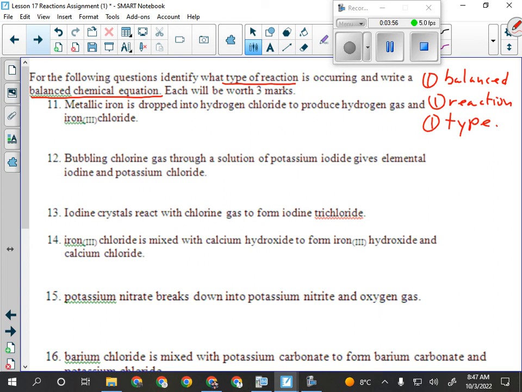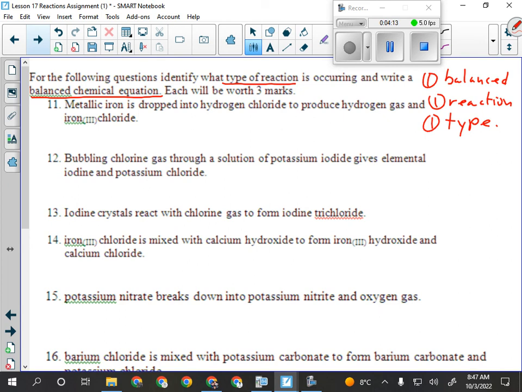Don't forget that. That is by far the easiest mark on each one of those questions. But you'd be surprised how often people forget to do it, and they get 2 out of 3 for every one of these. That's lots of 10 marks out of 90. You don't want that. So remember to put the type in there.